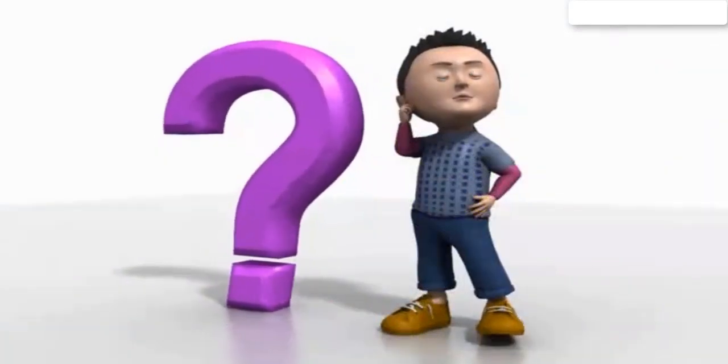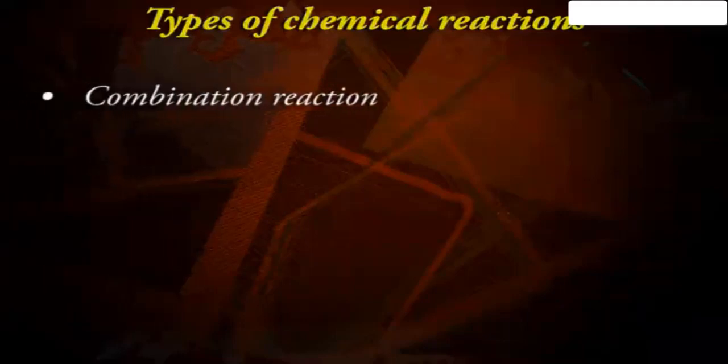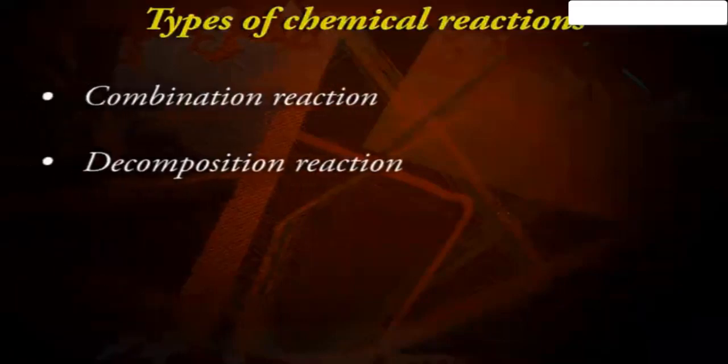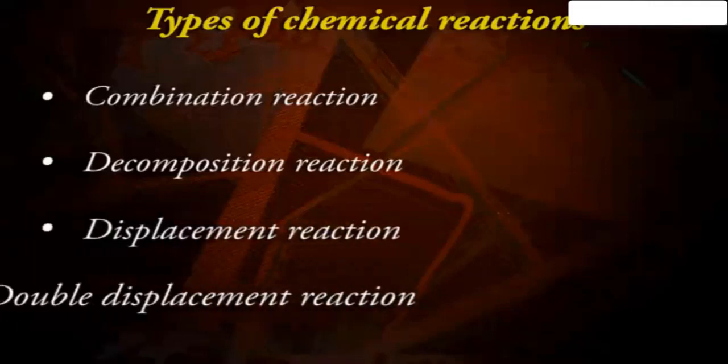Or do there exist different categories of chemical reactions? In fact, chemical reactions are of different types, and in this module we will learn about them. Different types of chemical reactions are combination reaction, decomposition reaction, displacement reaction, double displacement reaction.